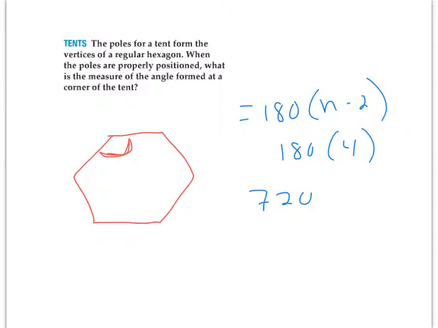All 6 of these angles added up equals 720. If it's a regular hexagon, each angle is equal, so I'm going to take that total number and divide by 6. 720 divided by 6 is 120 degrees, is this angle, and all of the angles of my regular hexagon.